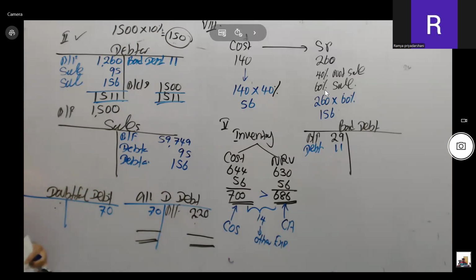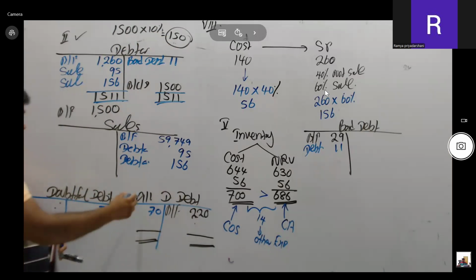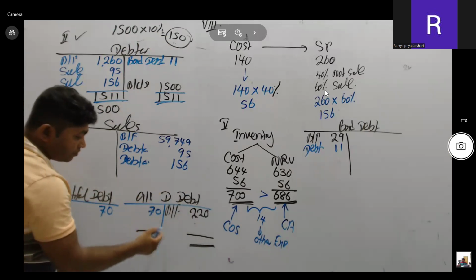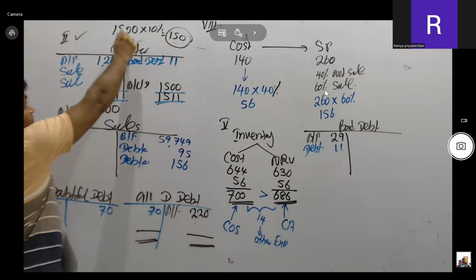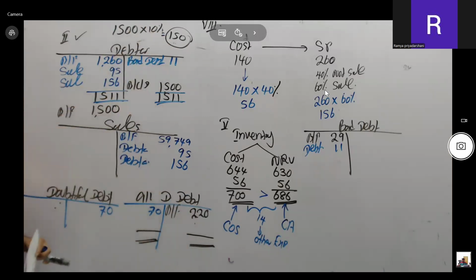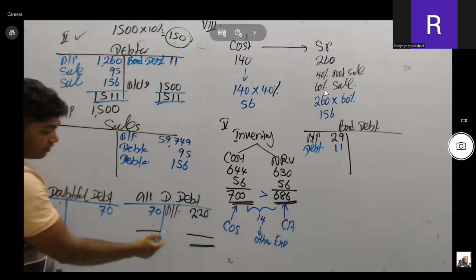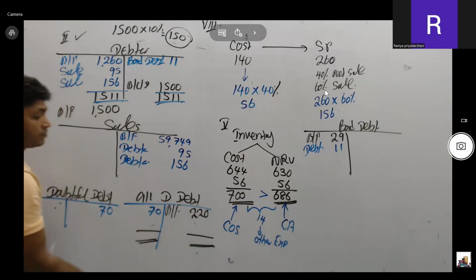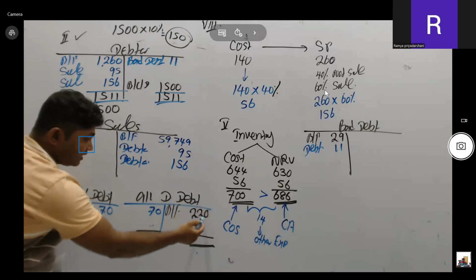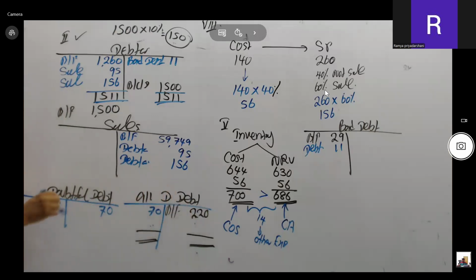Think how to record over provision. Allowances for doubtful debts account closing balance should be equal to 10% of the remaining balance of trade receivable. Closing balance must be equal to 150. Opening balance is higher, an over provision. Normal double entry: doubtful debts expense account debit, allowances for doubtful debts account credit. But here the opening balance is over, therefore it is the opposite side.